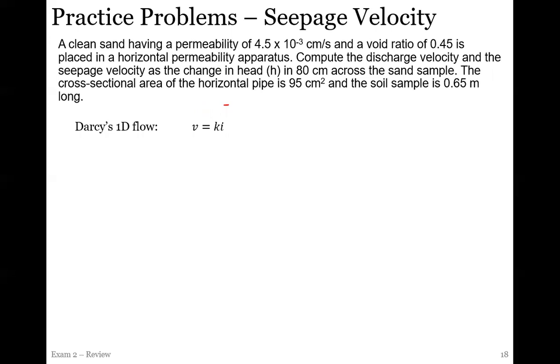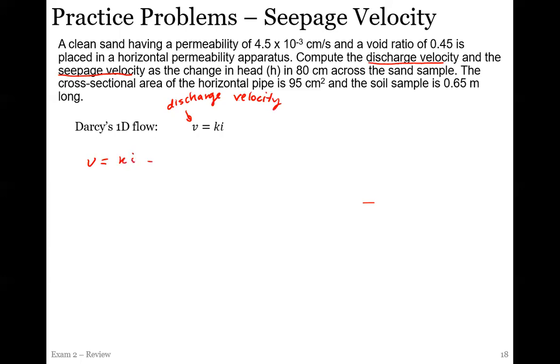But we're given a permeability here. What we need to find is the discharge velocity and the seepage velocity. So this is easy for this first part. This current v is our discharge velocity. So we can plug everything in here.